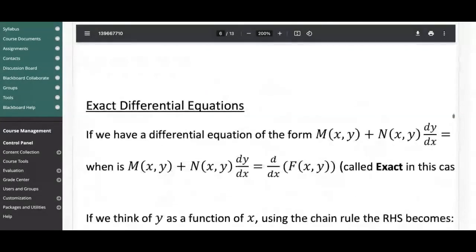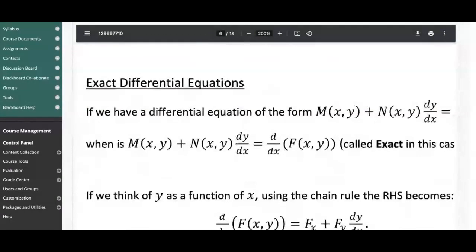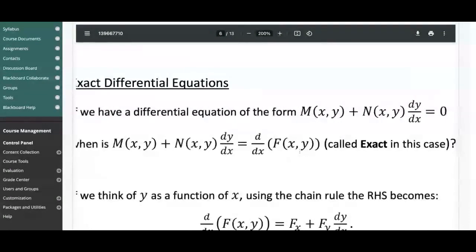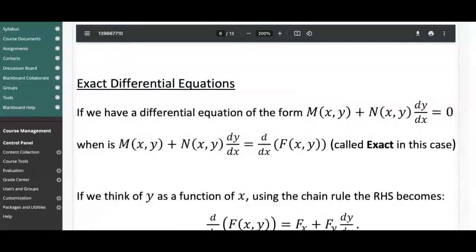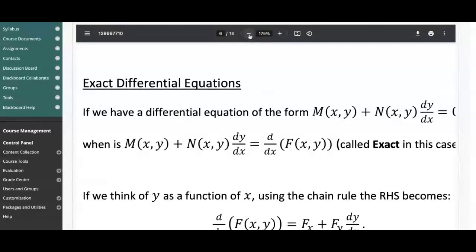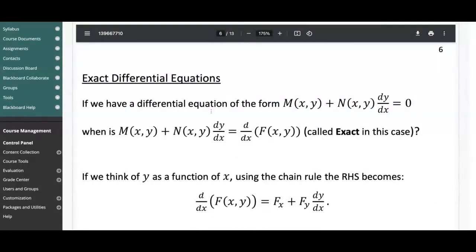All right, now let's go to these exact differential equations, which Ryan has taught us in the very beginning. As Ryan mentioned, if we have a differential equation of such form, a function of x,y plus another function of x,y times dy/dx, well, look at this.